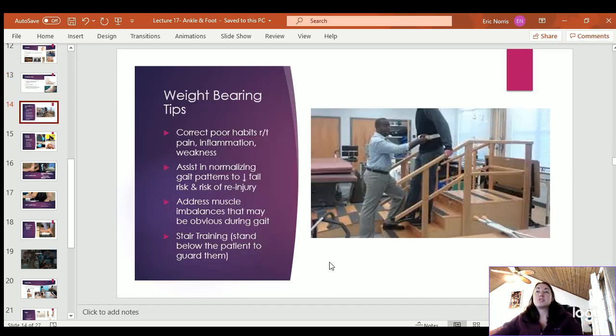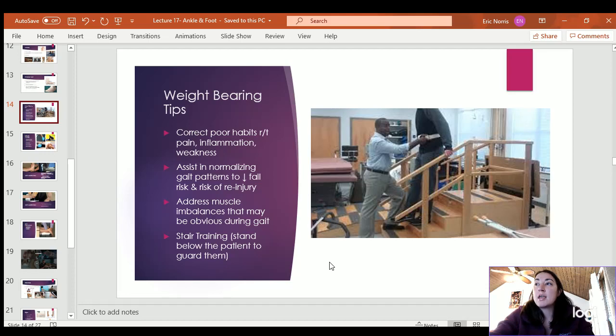Weight bearing tips, just some general tips. So we always correct poor habits that lead to pain, inflammation, weakness. So like the overtraining, like we talked about with the knee. If they are walking with severe overpronation or severe oversupination, we might try and recommend an orthotic insert, or a special shoe that's kind of built up more in that area.